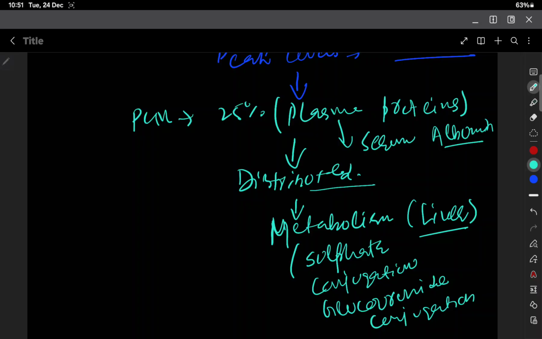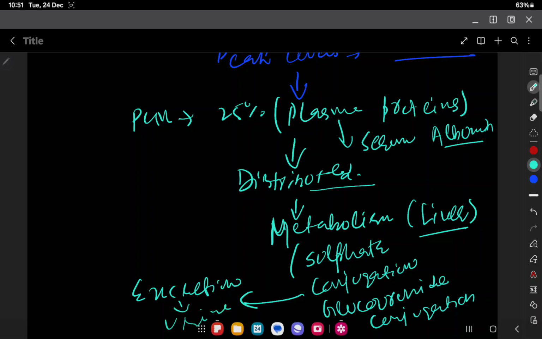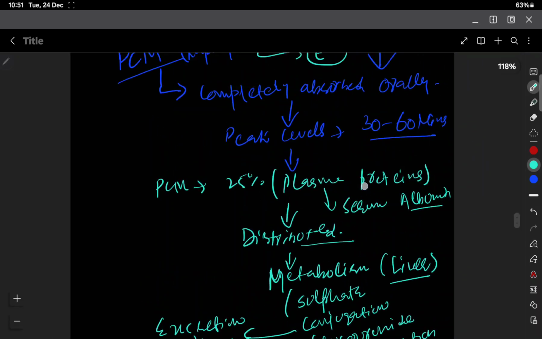Conjugation means the paracetamol will react with sulfate or with glucuronide and it will be metabolized. So sulfate plus drug, then it will be excreted in the urine. After metabolism there will be excretion, and the excretion will be through urine. So generally biotransformation will occur.